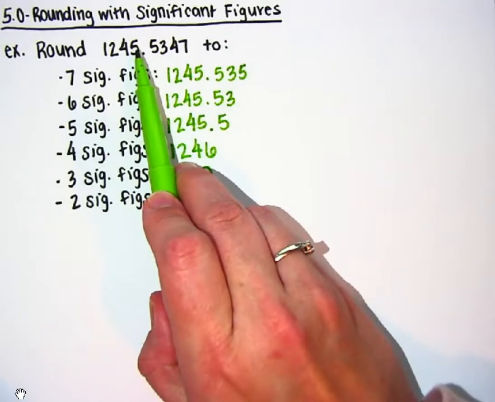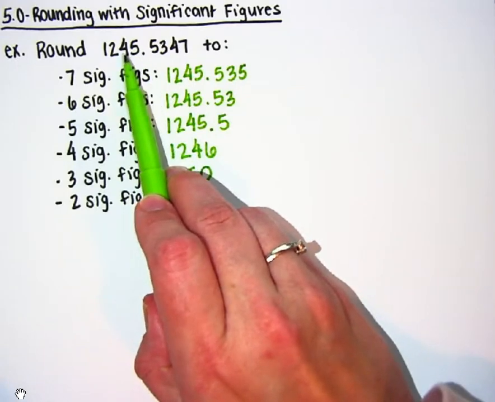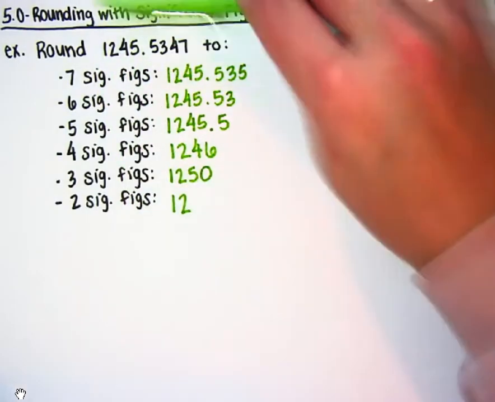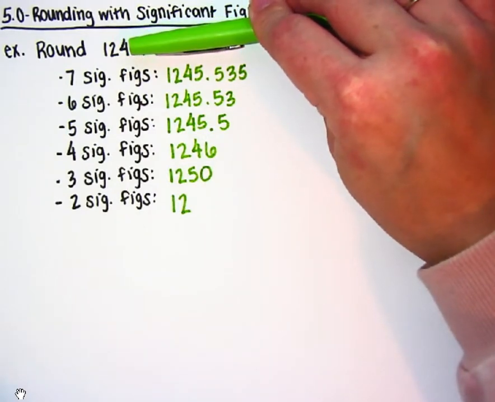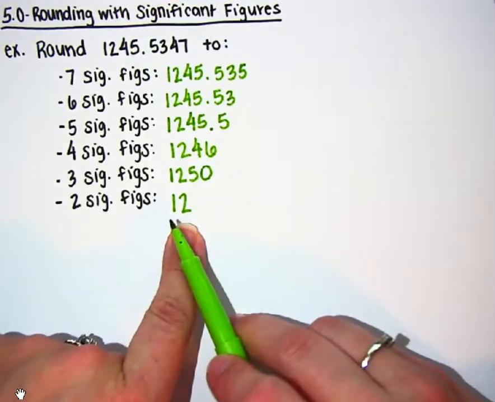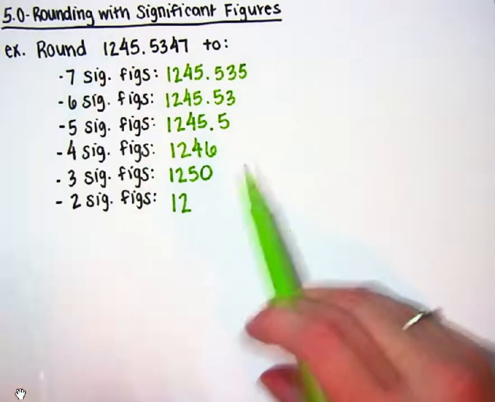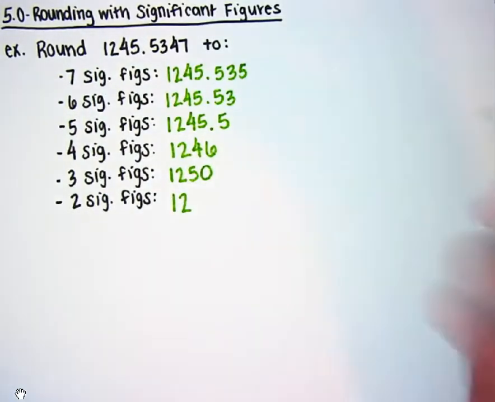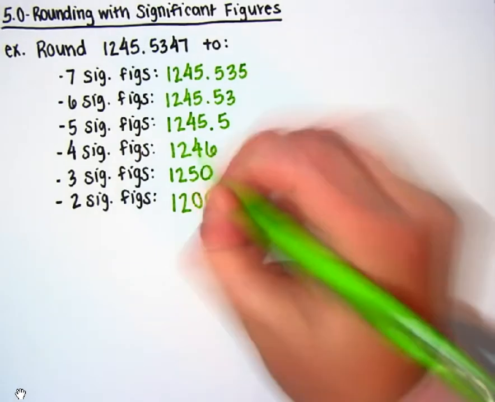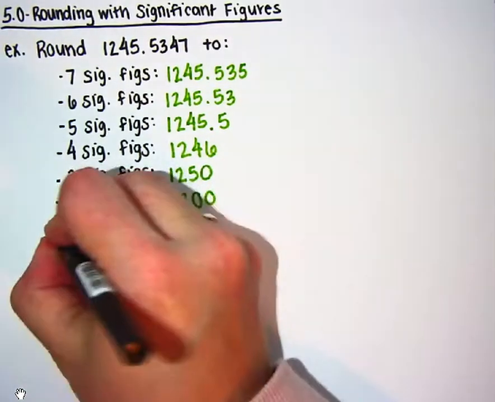We don't want to say this 5 rounds the 4 up and that 4 rounds the 2 up. If I'm rounding to 2 significant figures, I keep those 2 digits. I only look at the one number that comes next. Again, $12 is nowhere near $1,200. So the way that we hold the value of the number without adding significant figures is we place zeros there.